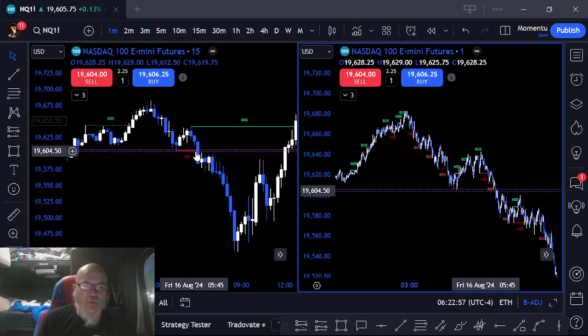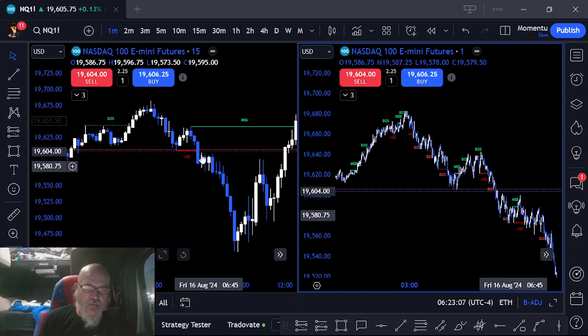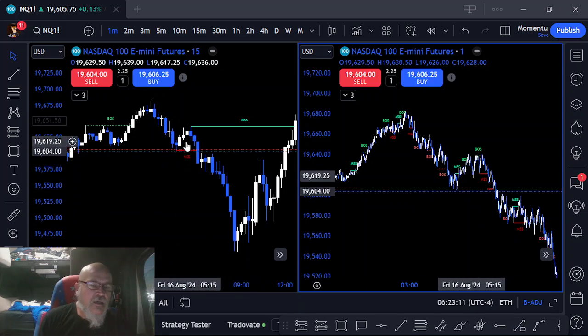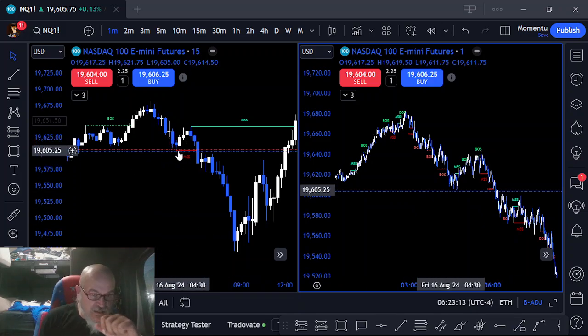When we break this low, we don't get a reversal, which would be a liquidity sweep. We actually get a harder push down, which is a liquidity run. Okay. So that's the difference there.